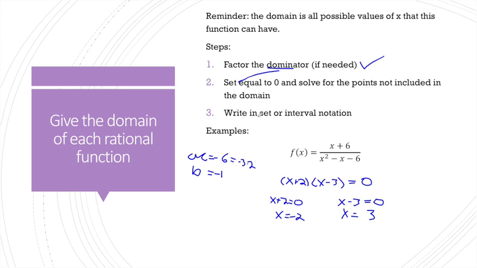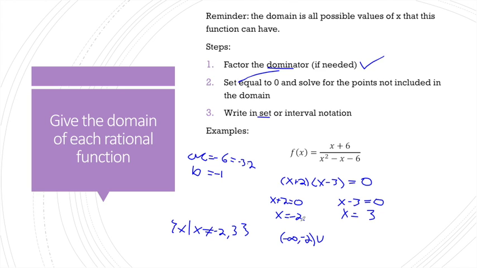So in set notation, I would write x such that x doesn't equal negative 2, comma 3. Or I could write this in interval notation, imagining my number line. It goes from negative infinity to negative 2.